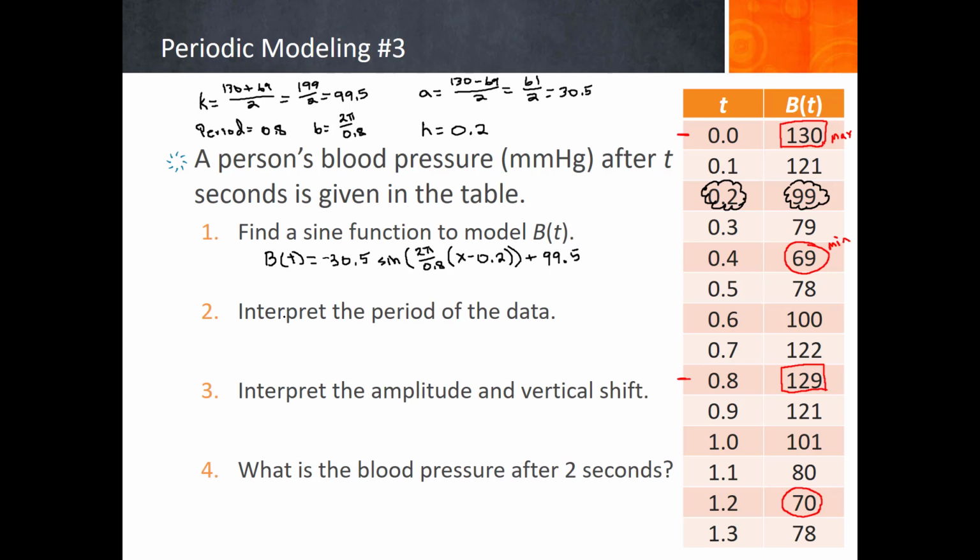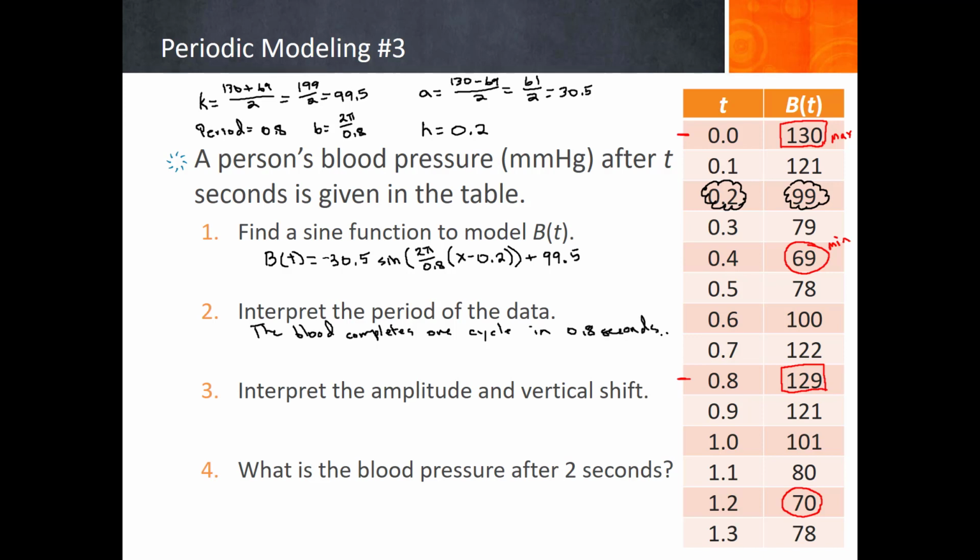So that means this person's blood pressure completes one cycle in 0.8 seconds.